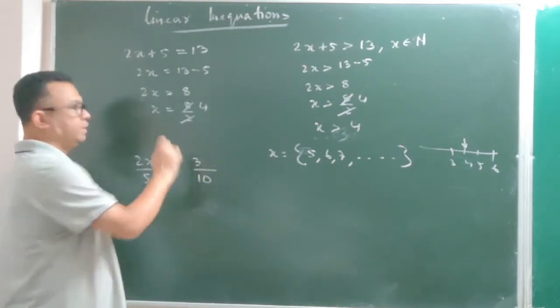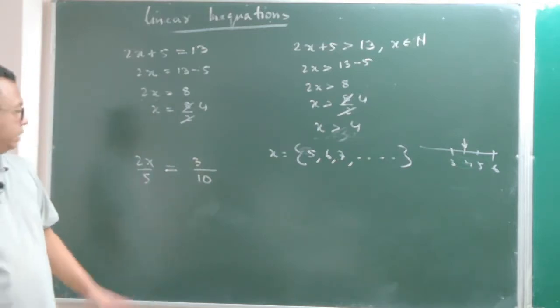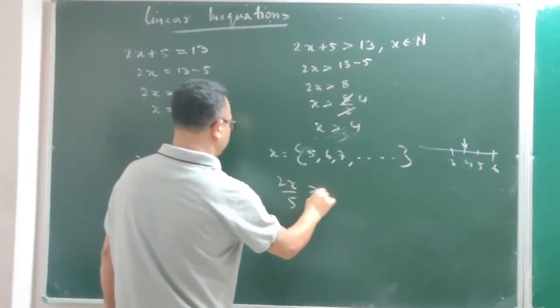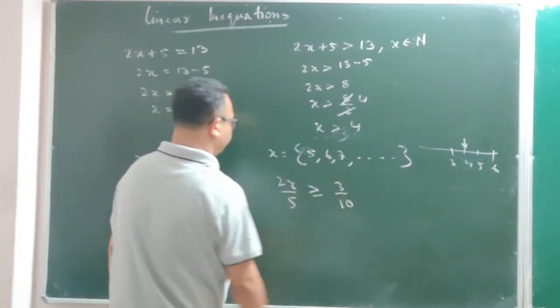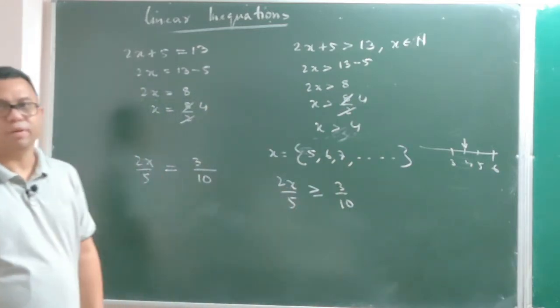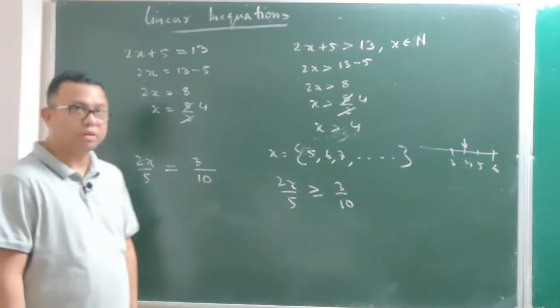Let me take 3 by 10. This is an equation. Now the same thing, if I do 2x by 5 greater than or equal to 3 by 10, then what are the probable values of x if I want to calculate? Let us see what the probable values of x are.